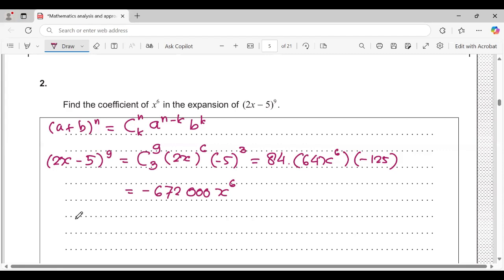So the coefficient of x to the power 6 is minus 672,000. So let's continue.